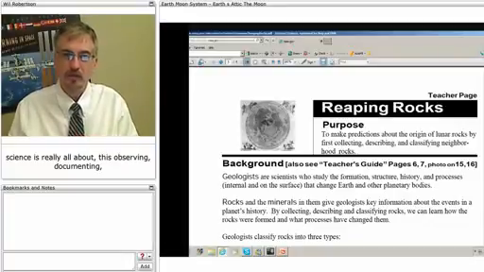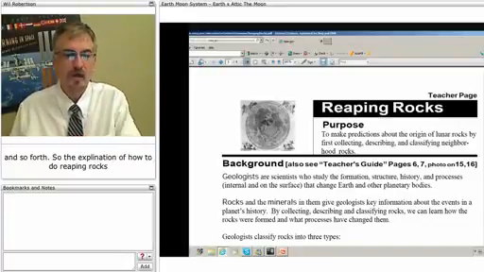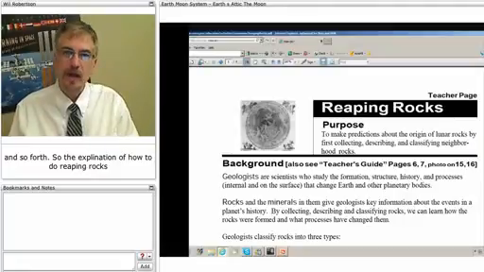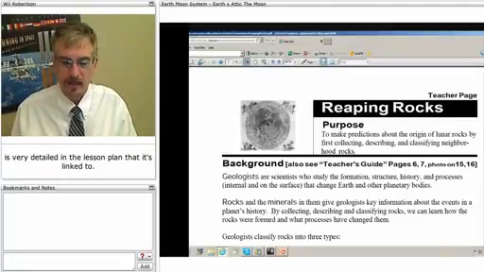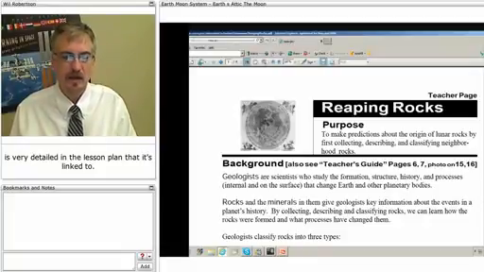It's observing, it's documenting, and so forth. The explanation of how to do reaping rocks is very detailed in the lesson plan that it's linked to.